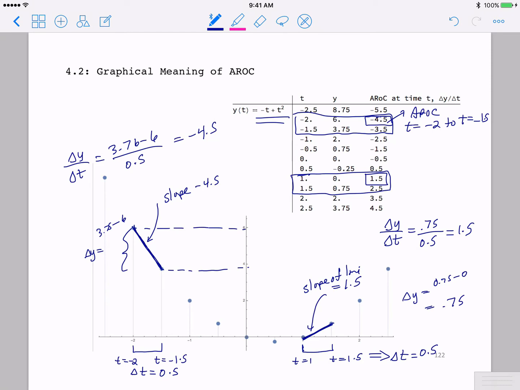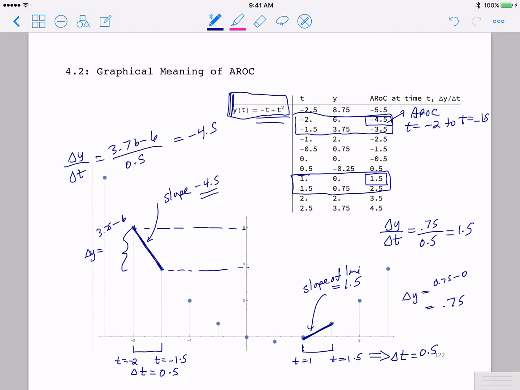So what we're seeing here is an example of a function. It's relatively easy to compute values of this function, which is why I've chosen it. But it illustrates the idea that the average rate of change of a function on a given interval can be different values. Here the average rate of change is negative 4.5.